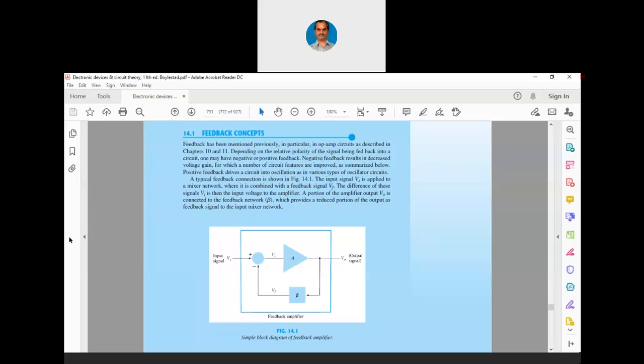For example, you're all listening to FM radio. In the FM radio, we have so many channels such as FM Rainbow, Radio Mirchi. There are so many. I typically remember FM Rainbow predominantly because I mostly listen to that particular radio station.